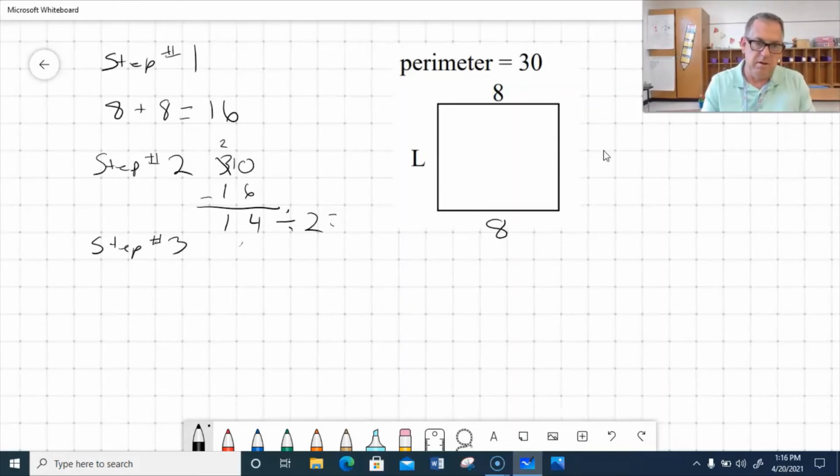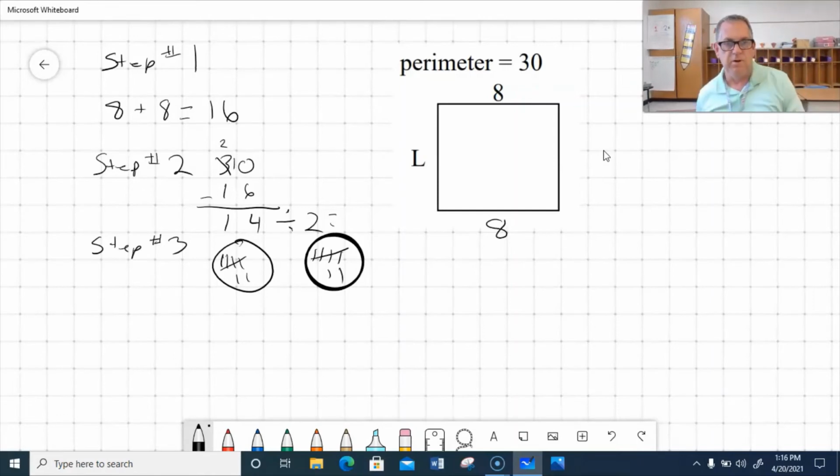But if you're not, you can make 2 groups and separate out the 14 equally among those 2 groups. That would be 1, 2, 3, 4, 5, 6, 7, 8, 9, 10, 11, 12, 13, 14. When you do that, you can see that 14 divided by 2 equals 7. So that means my missing side length is 7.